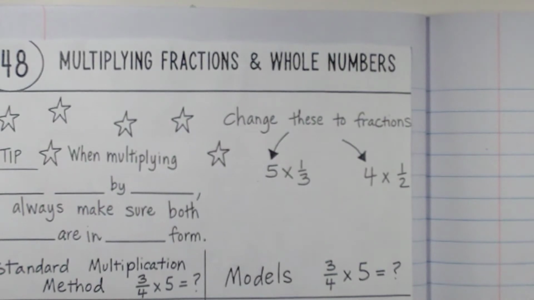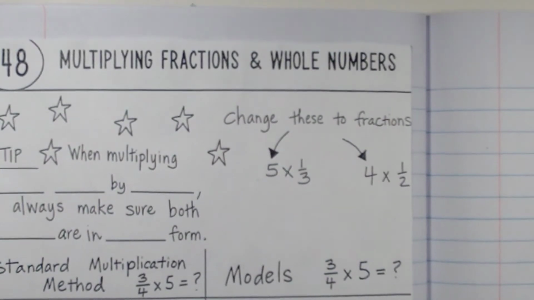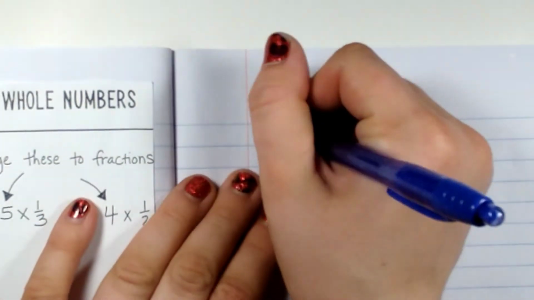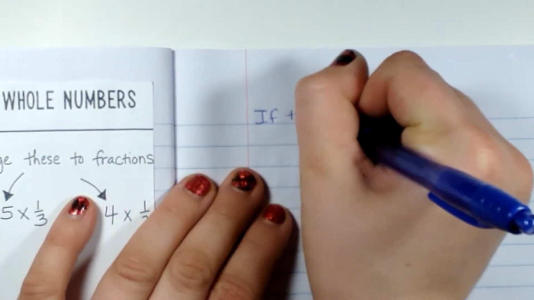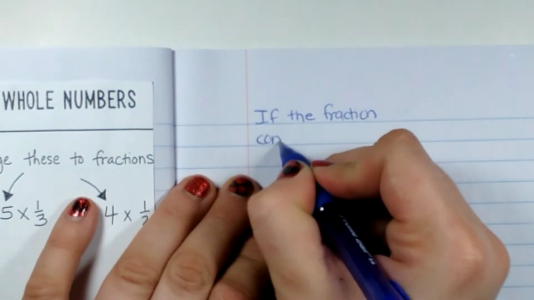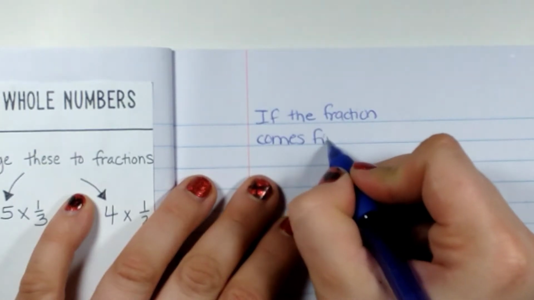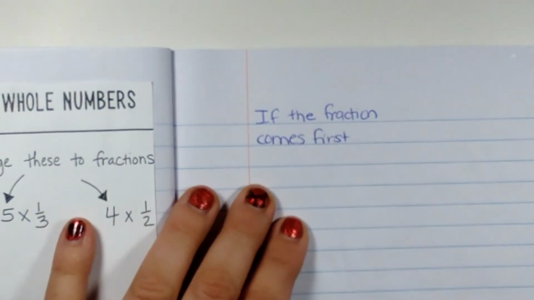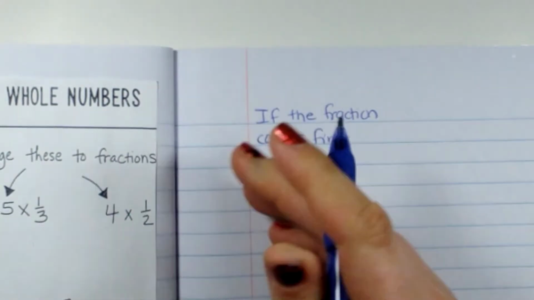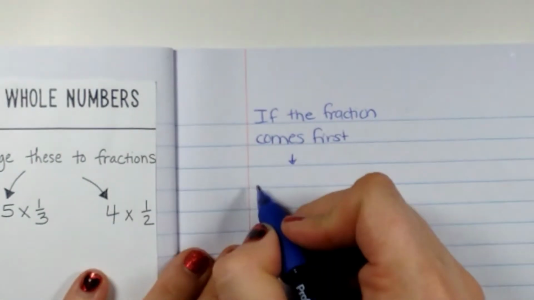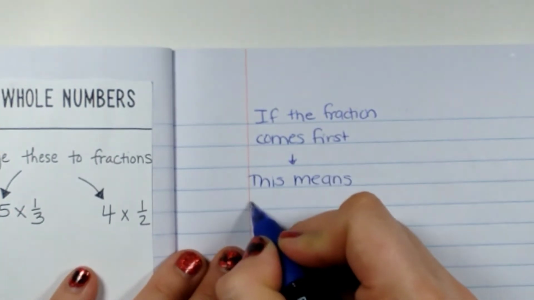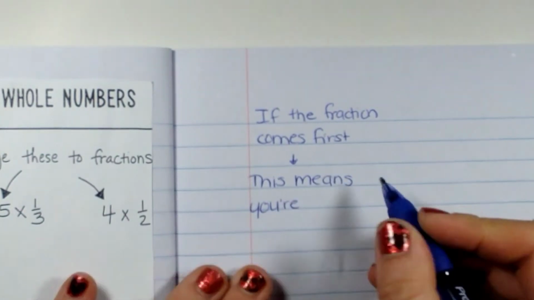So we're going to go forward onto this page. Remember I said if the fraction comes first, or the whole number comes first, it means two different things, and that's very important for you to know. This means you're looking for a fraction of that whole number.